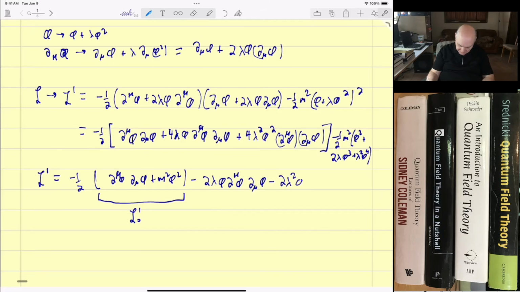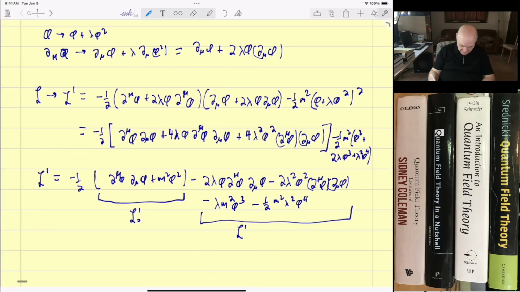I remember when I first learned field theory from Bjorken and Drell, you didn't really see it until you did scalar electrodynamics. That was the first theory that had derivative interactions, and you have to treat them carefully. So these terms are the new Lagrangian prime, the interaction part.